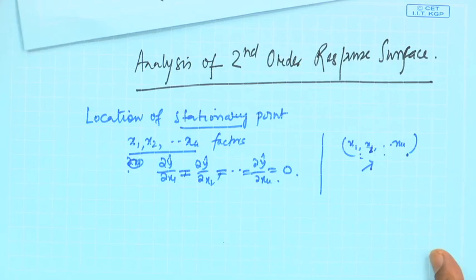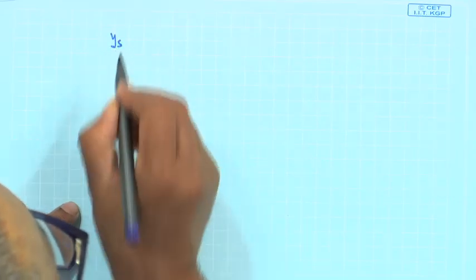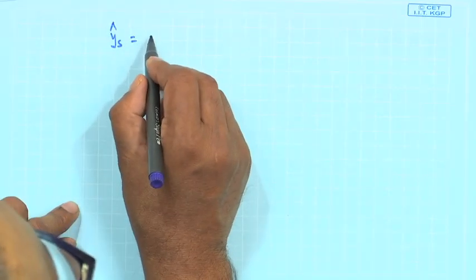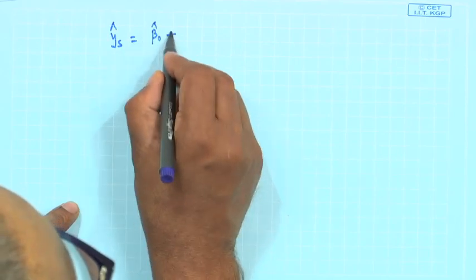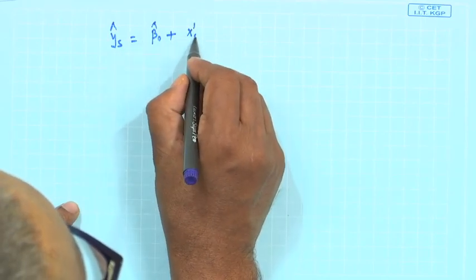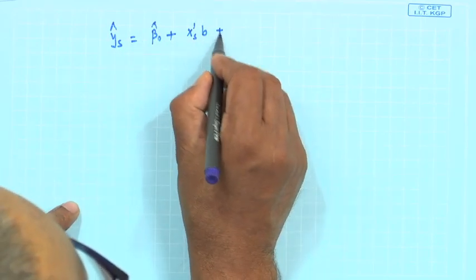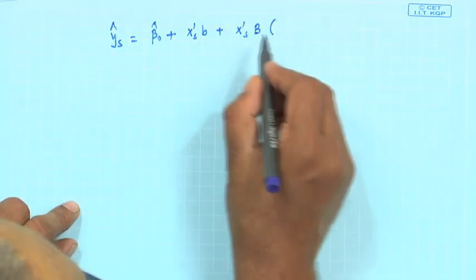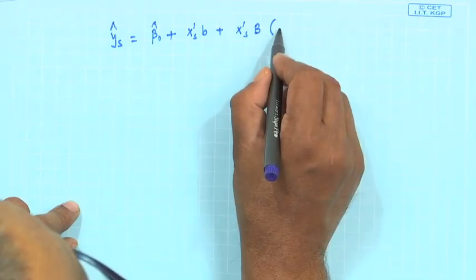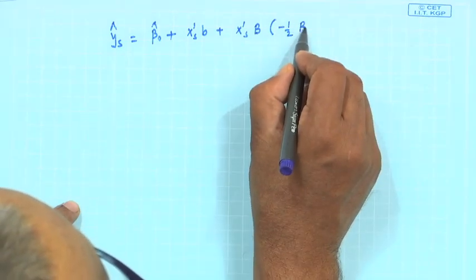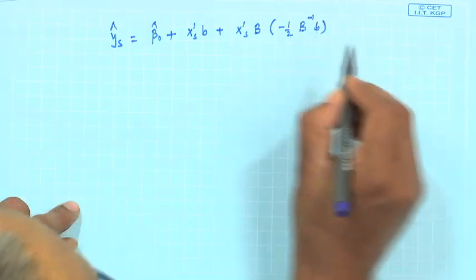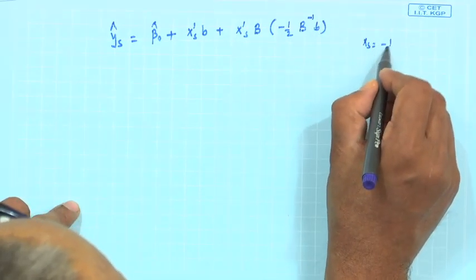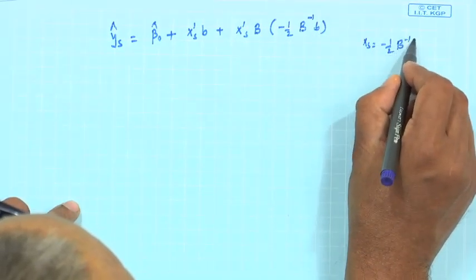So, if you want to derive it from the basic equation, y s cap equal to beta 0 cap plus x transpose s beta plus x transpose s b into x, there I will write minus half b inverse b, because x s equal to minus half b inverse b.